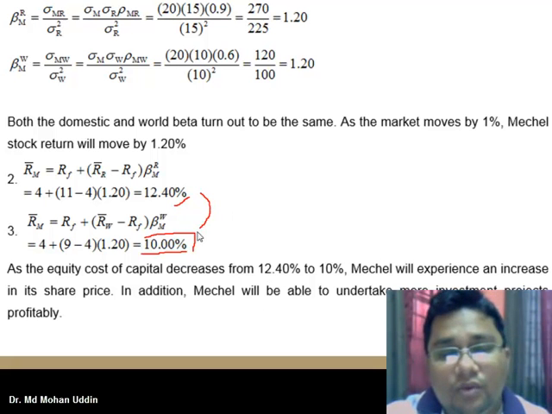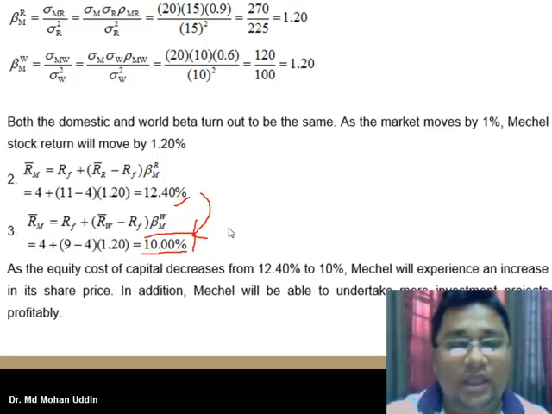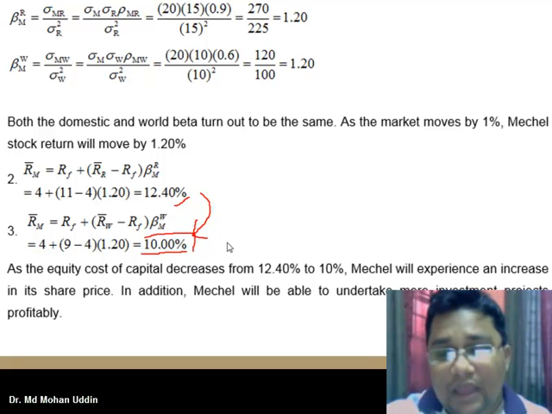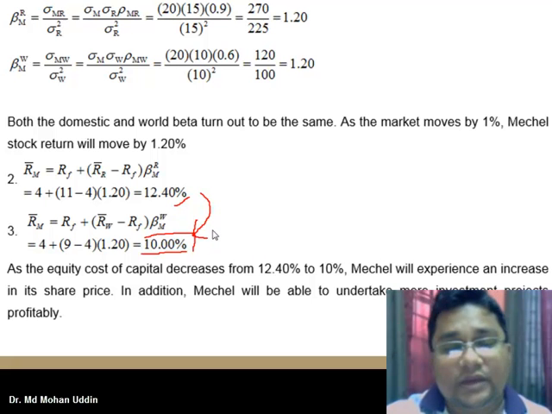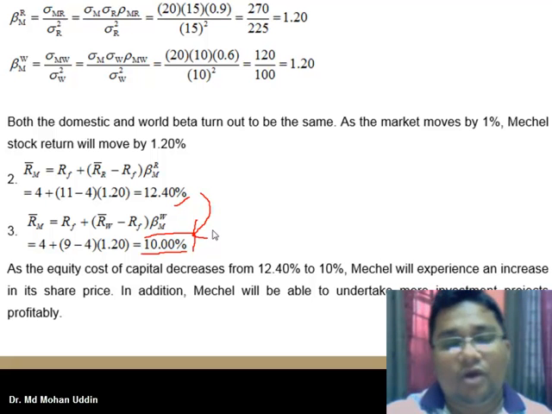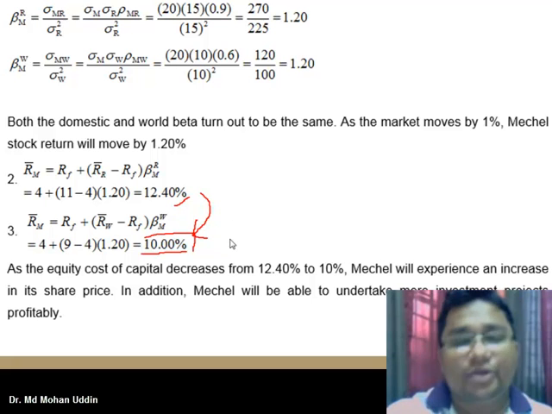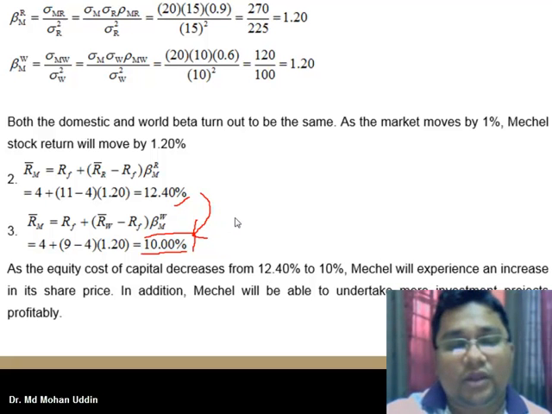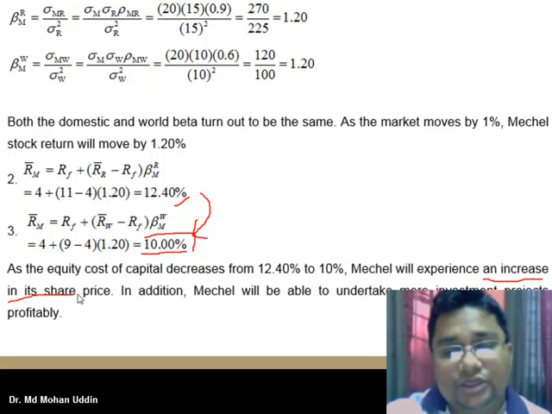So the cost of capital has decreased as a result of internationalization. If the cost of capital decreases, then the present value of any project will increase, because the cost of capital is used to discount the future cash flows to get the value. As a result, the firm value will also increase, and we can expect an increase in the share prices.